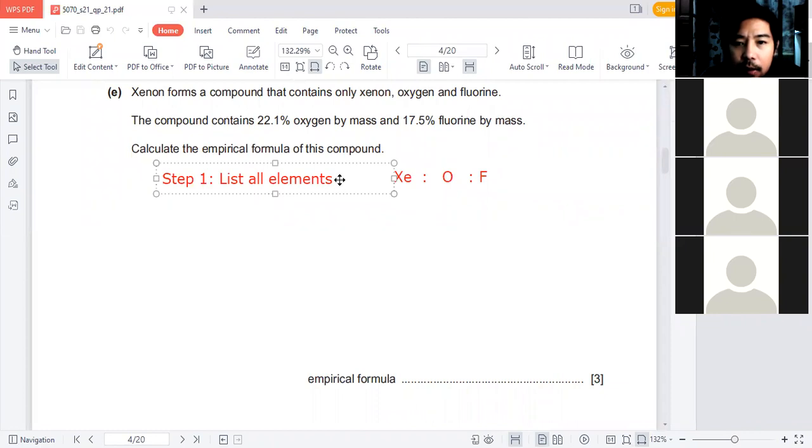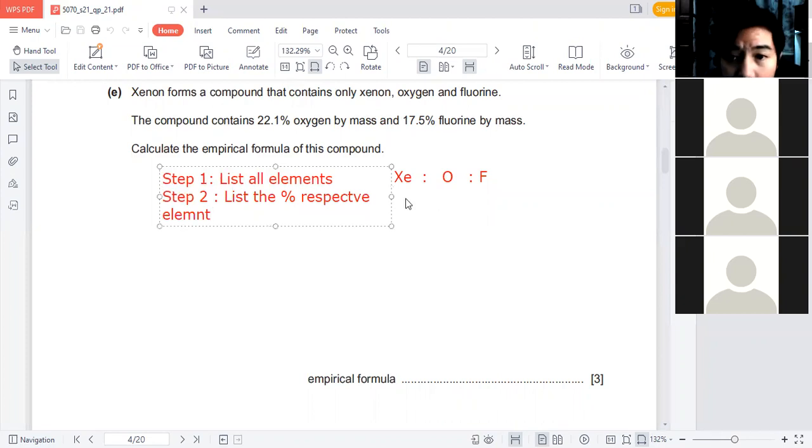Step number 2: list the percentage or mass of the respective elements.